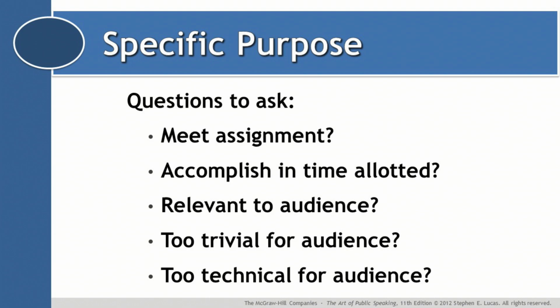The first question that we want to ask is, does it meet the requirements of the assignment? Can I accomplish the speech and presentation in the time allotted? Is it going to be relevant to the audience? Is it going to be too trivial for the audience, too basic, too boring? Or is it going to be too technical for the audience, something that requires an additional level of understanding that our current audience doesn't have?